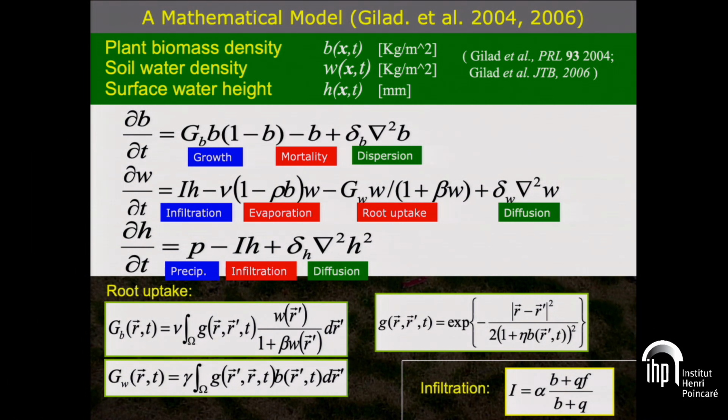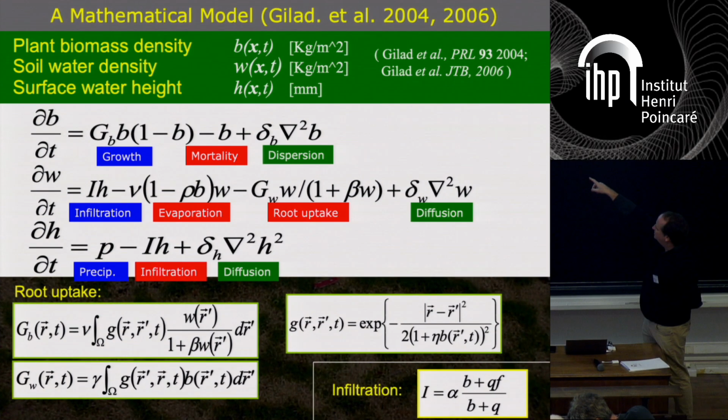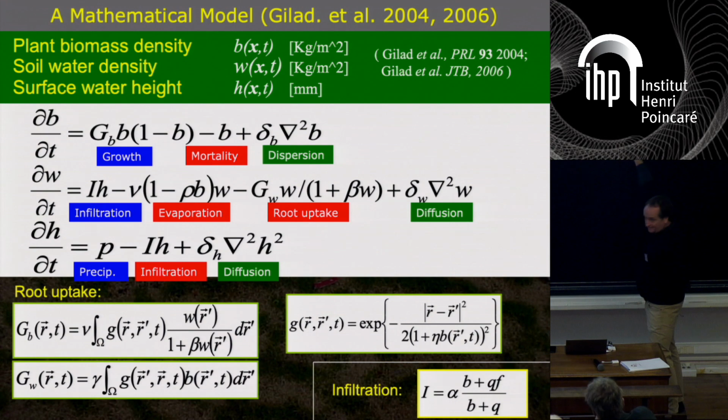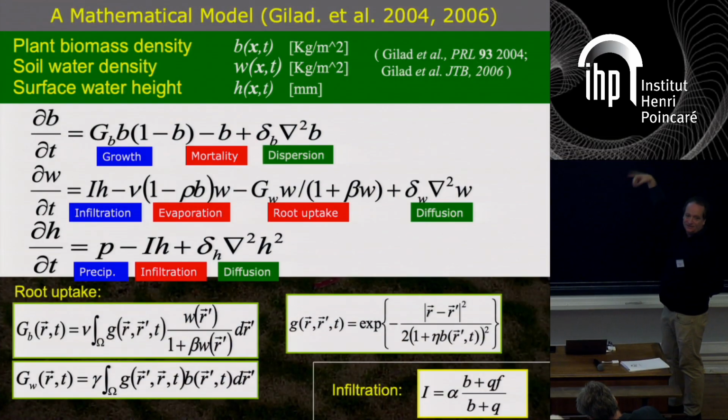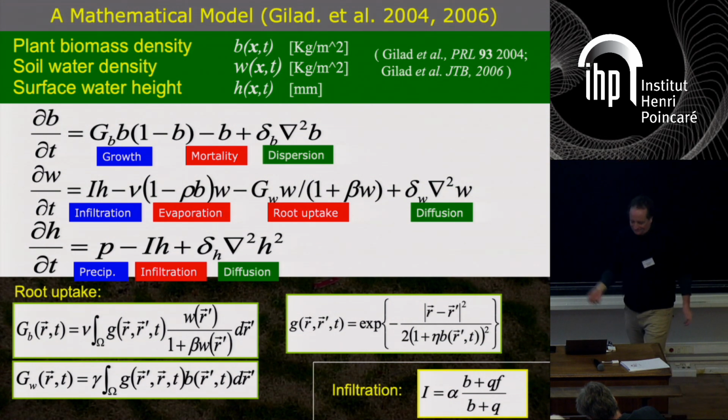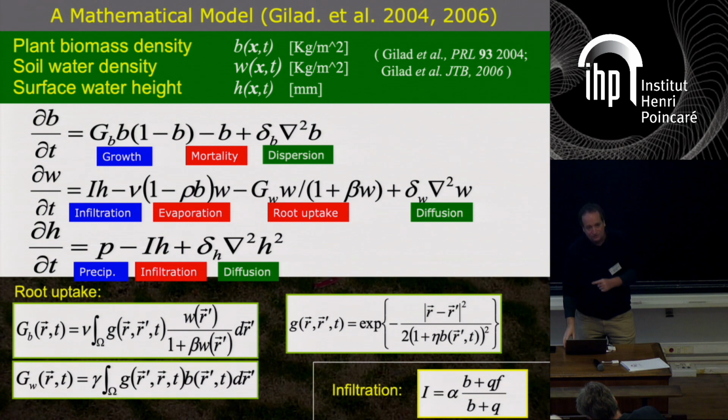In this case, since we have this dependence here, if you approximate those integrals in the uniform case, you end up with a dependence on 1 plus b squared. So that is not a simple logistic, but has a higher power. But you could get the same also in a simpler setup, exactly.